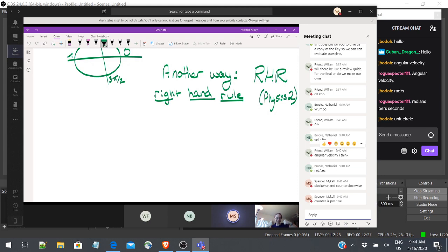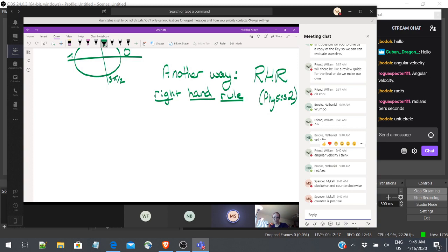Positive, yay, right? If it is rotating clockwise, you make a clockwise circle with your fingers. In order to do that, you have to flip your hand over so that your thumb is down. Clockwise, boo, negative. All right.